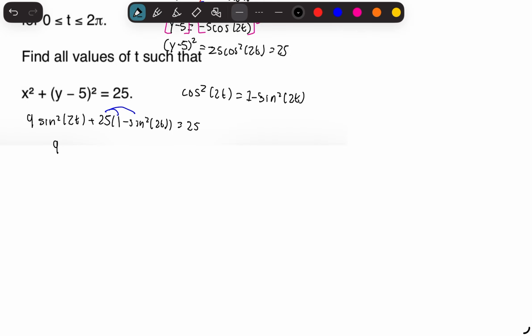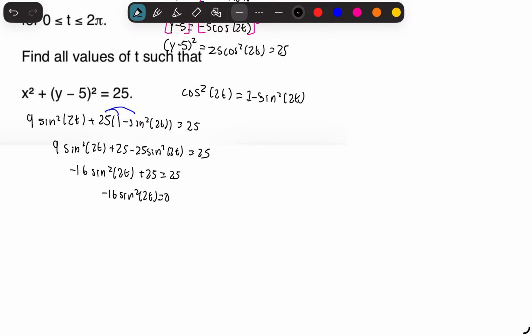Actually, 9 sine squared 2t plus 25 minus 25 sine squared 2t is equal to 25. Negative 16 sine squared 2t plus 25 is equal to 25. Negative 16 sine squared 2t is equal to 0.